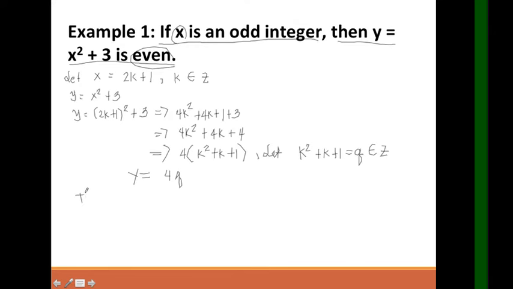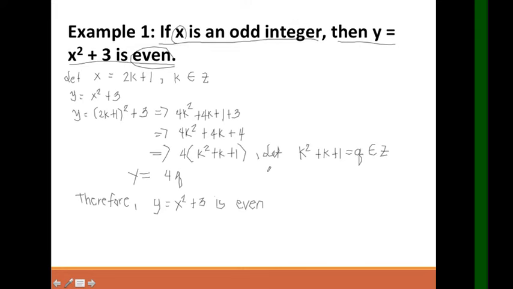Therefore, as a conclusion, y equals x squared plus 3 is an even number. So, that's the only thing we write: y equals x squared plus 3 is even. So, that's it for example number 1.